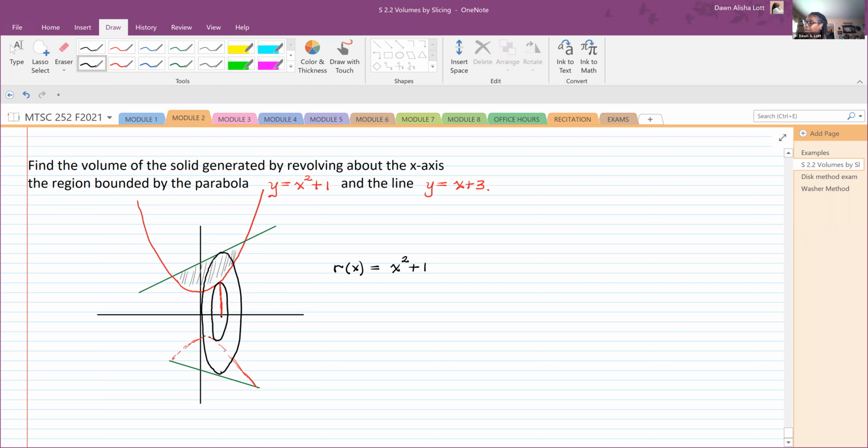Well, guess what? I see a washer. And now that I see a washer, I need the big radius for that.